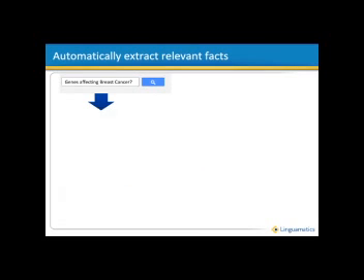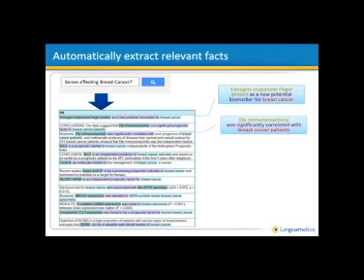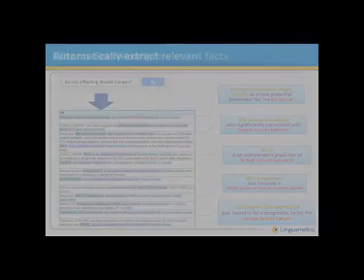By applying the technique just described, text mining systems like I2E can automatically identify and extract concepts, the relationships between them, or the actions performed on them, and then present them as facts or assertions. So the user is presented with a set of facts or relationships to analyze instead of a set of documents.